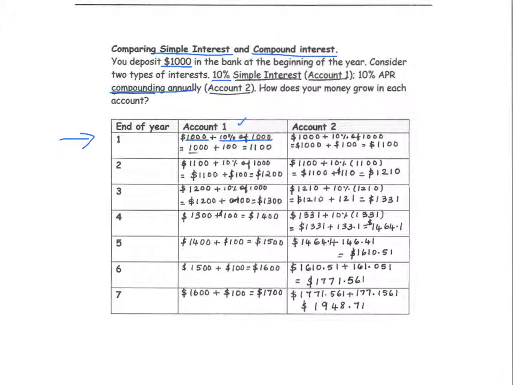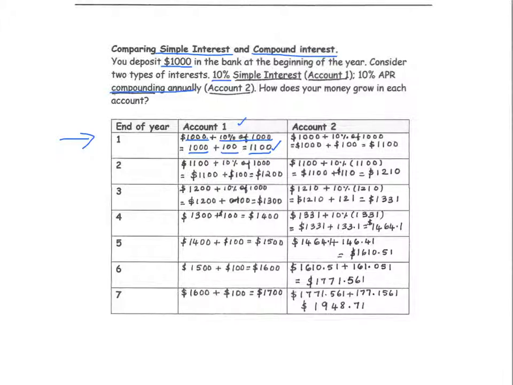So $1,000 is the basic amount plus 10% of 1,000, which is 100. So 1,000 plus 100 is 1,100. That is the total amount of money in the bank at the end of the first year. We start off with $1,000 and we end up with $1,100 in the bank.